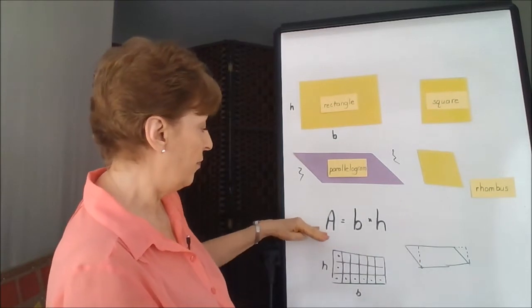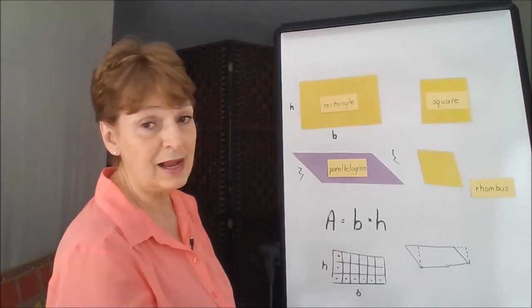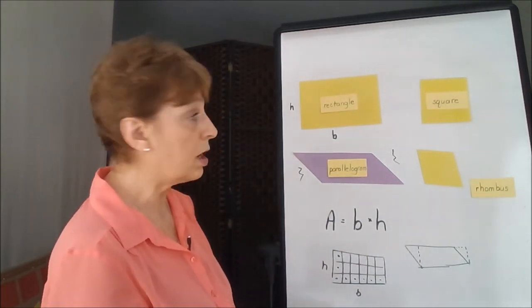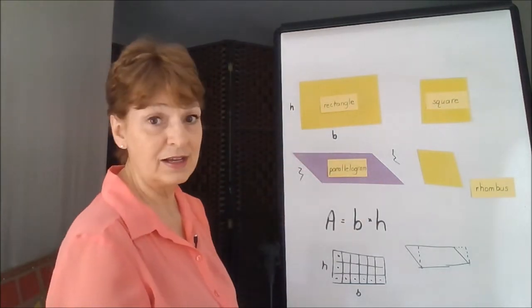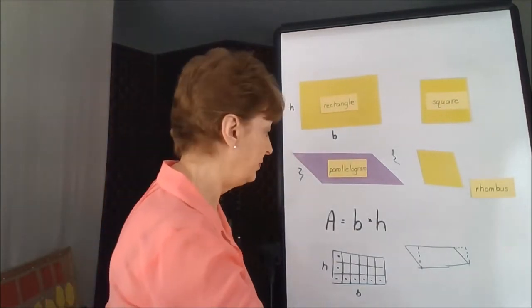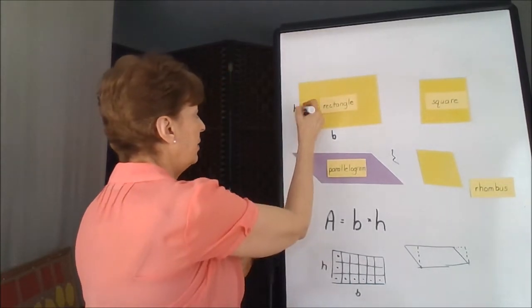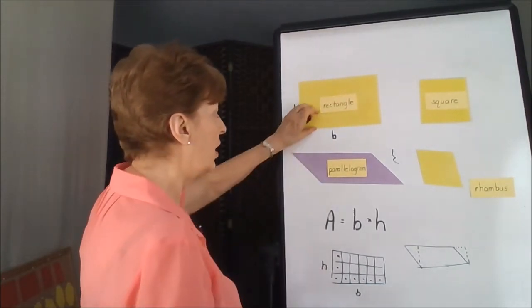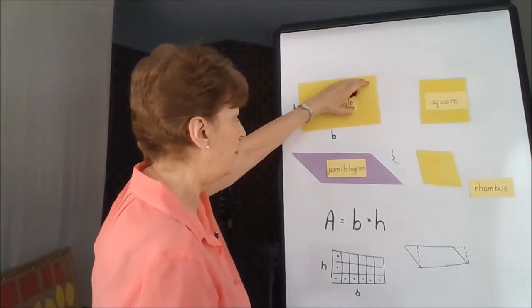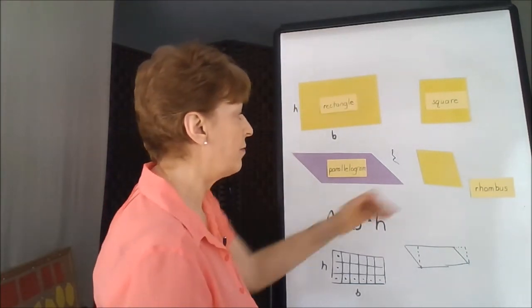So the formula area equals base times height actually does work for all four of these figures. Very little to remember here with the area formula for rectangle, square, parallelogram, and rhombus.